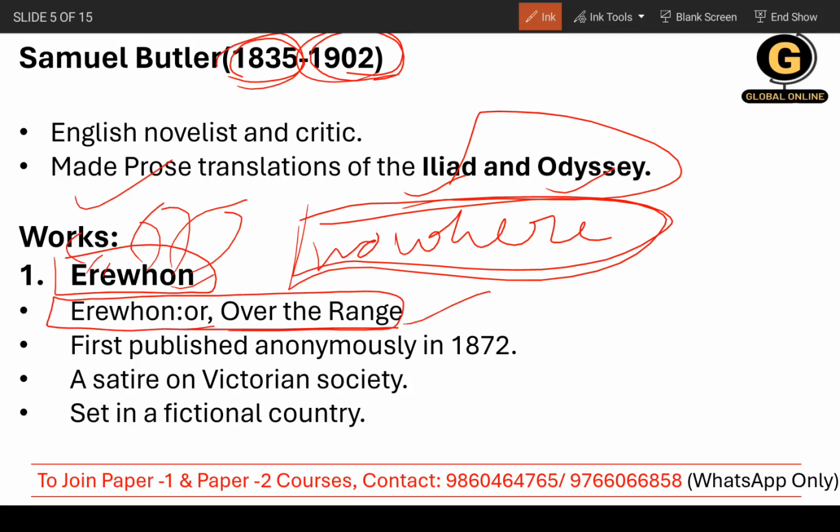It was first published anonymously in 1872, a long time after he was born. It's a satire on Victorian society. When you read the basic idea, the setting, the background and the scenario at the time, you will see there are a lot of things that needed to be talked about.